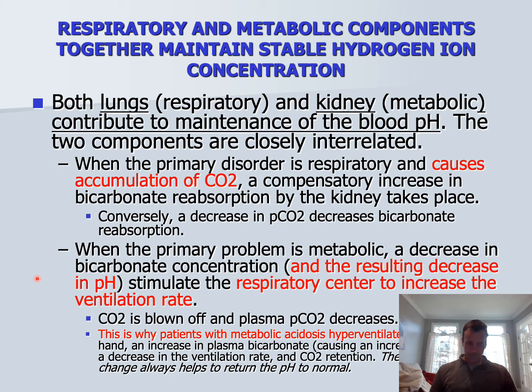So this is why you get hyperventilation in patients with metabolic acidosis. On the other hand, an increase in plasma bicarbonate concentration, which causes an increase in the pH, leads to a decrease in the ventilation rate and CO2 retention. This change always helps return the pH to normal.